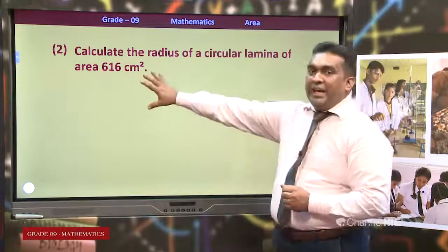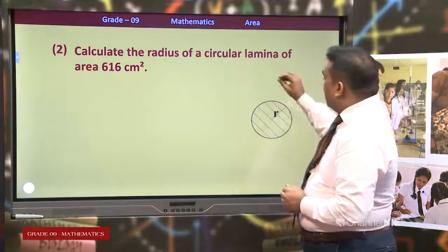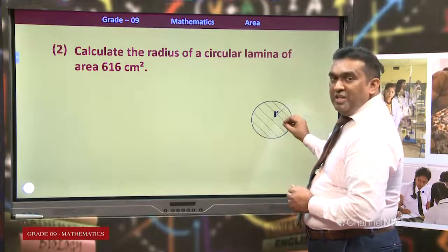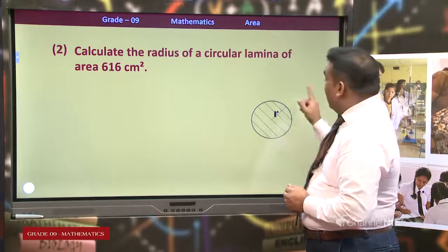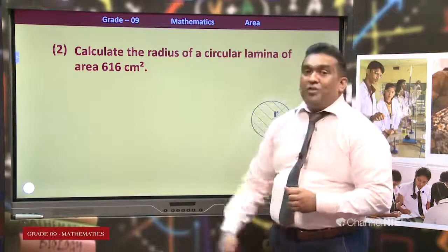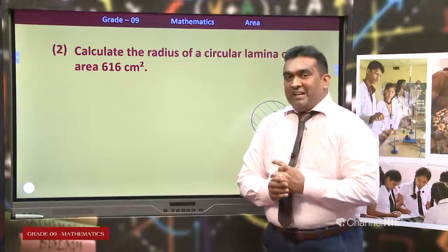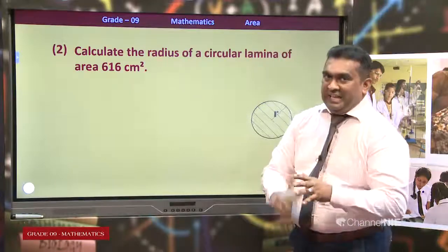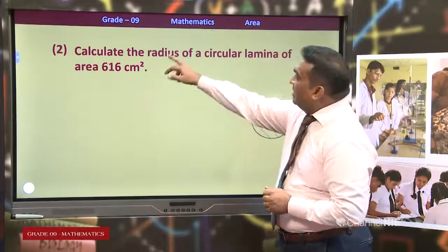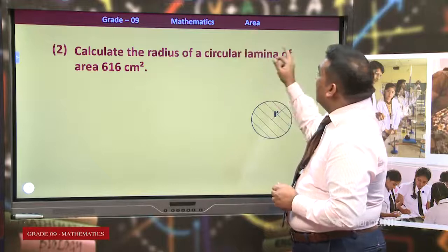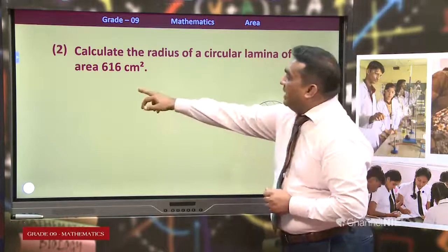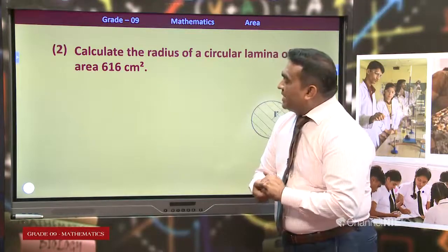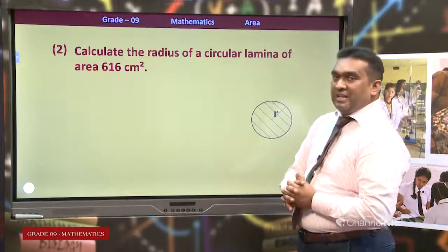We'll consider a different question. Here you have area, we want to find out radius. In the last question, you had radius, you wanted to find out area. Here is the converse case. Calculate the radius of a circular lamina of area 616 square centimeters.